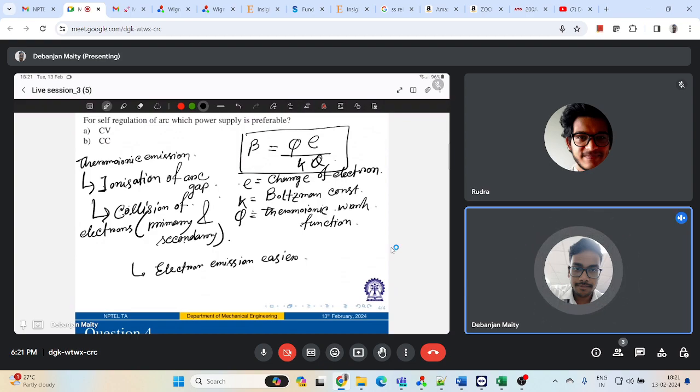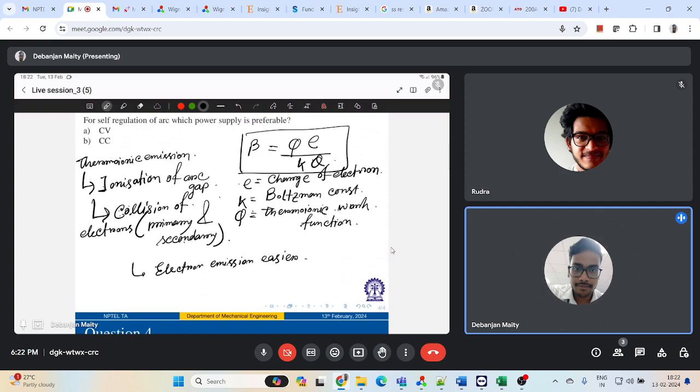Generally used electrodes like tungsten electrode or carbon electrode, the primary electrons carry most of the current, whereas if you are using electrodes made of copper or aluminium, the secondary electrons carry most of the current.